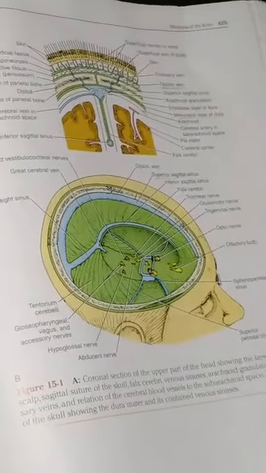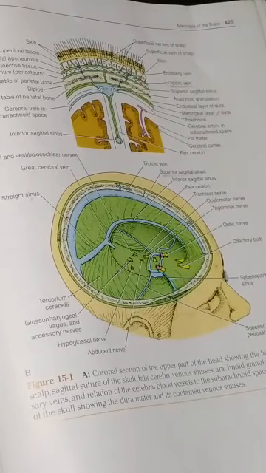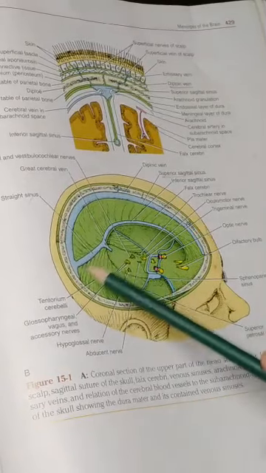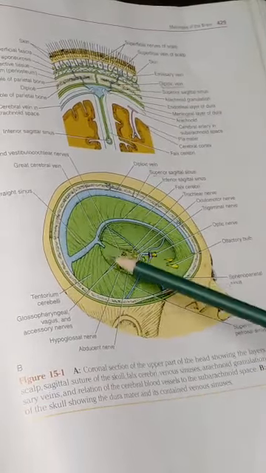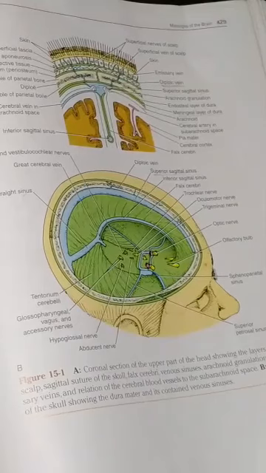And this vein comes from the encephalon, and it joins with the inferior sagittal sinus to form the straight sinus. So the straight sinus is located at the junction between the falx cerebri and tentorium cerebelli.